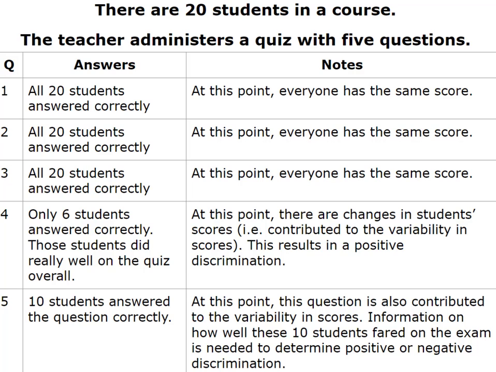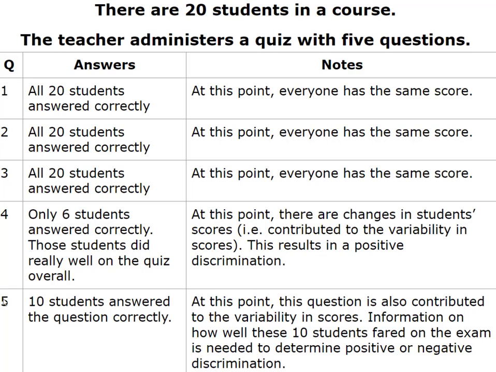For question 5, 10 students answered the question correctly. Now, they could have been the same 6 students that answered question 4 correctly, and for others, we don't know. But as the case may be, we're starting to see more variability. I mean, some may have 100%, some might have 80%, some might have 60%. It just depends on what they missed and what they got right.